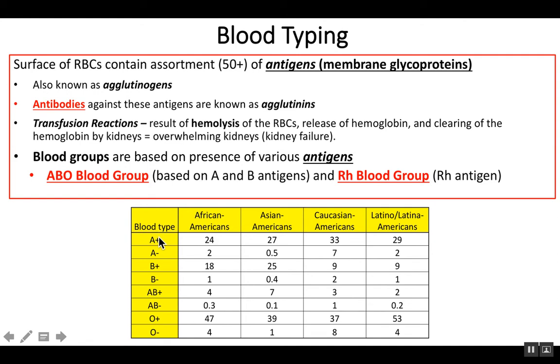A lot of the other ones are very rare in populations, like B negative and A negative. So most of you listening to this video are either O positive or A positive. Doesn't make you any better. It just has to do with the frequency of the genes that code for the A, B, and Rh antigens.